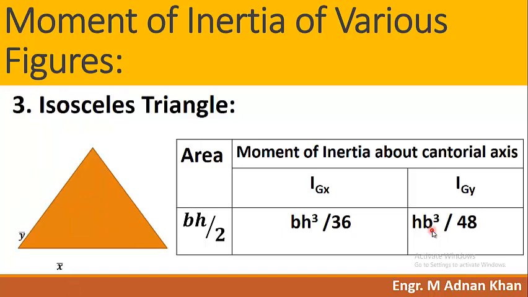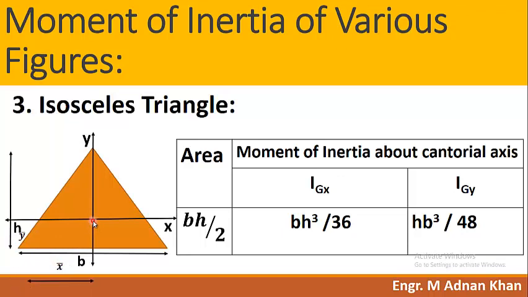The third one is the isosceles triangle. Similarly, we have drawn the centroidal axis, the axis that passes through the centroid of the figure, and x dash and y dash are the distances along the x-axis and y-axis up to the centroid of the figure. h is the height of the triangle, and b is the base of the triangle. Its area is also equal to bh divided by 2, that is 1/2 times base into height.